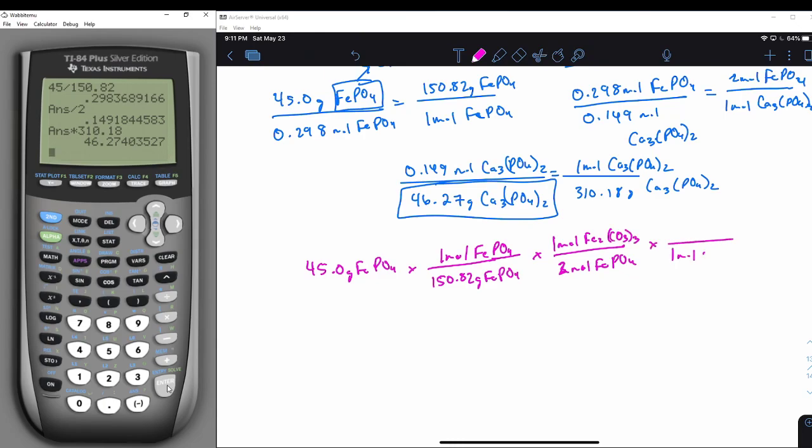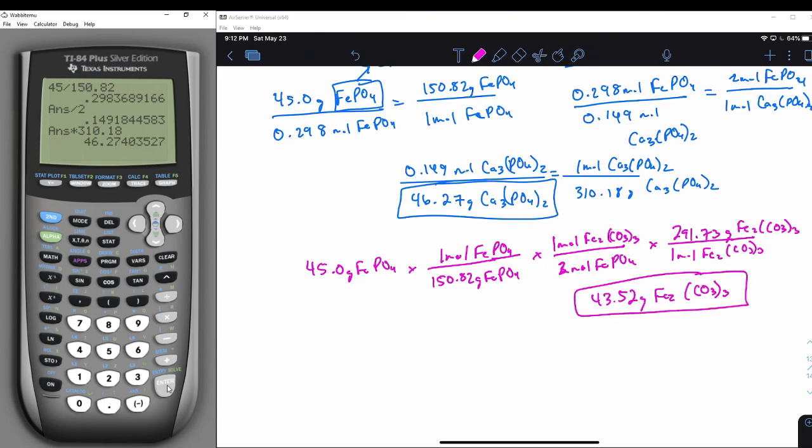And then 1 mole of Fe2CO33 is the equivalent of 291.73 grams of Fe2CO33. So then we get 43.52 grams of Fe2CO33 could also be produced. So you could produce 46.27 grams of Ca3PO42 and also produce 43.52 grams of Fe2CO33 at the same time.